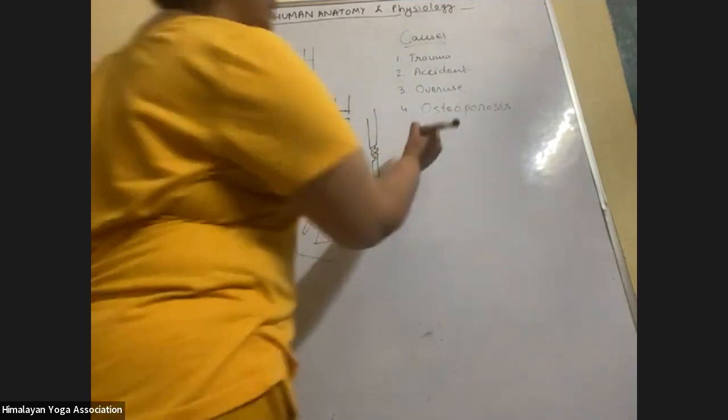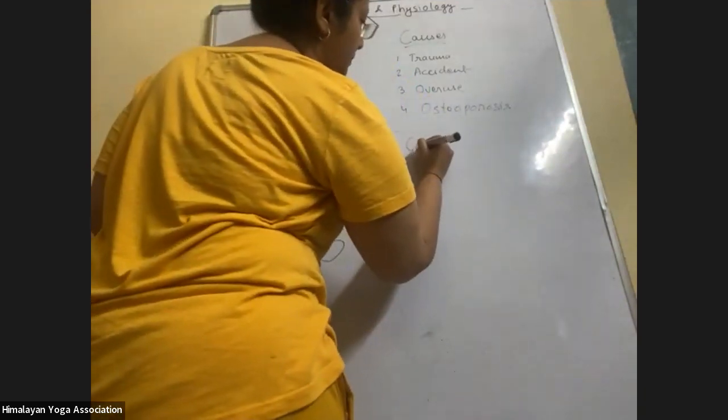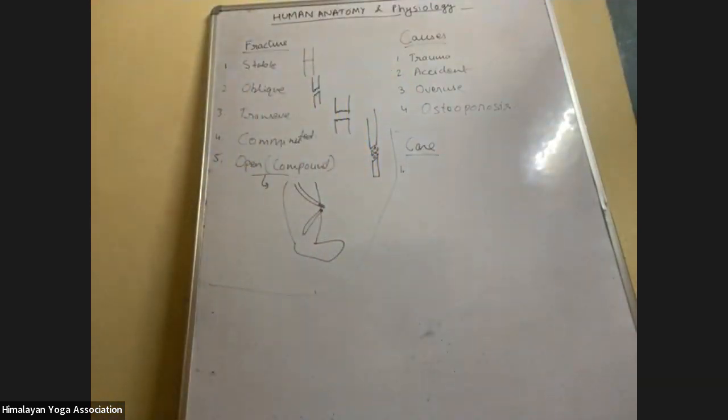Now, how to take care of our skeletal system? Care. Can you please tell me how to take care of the skeletal system? How can we take care of our bones?